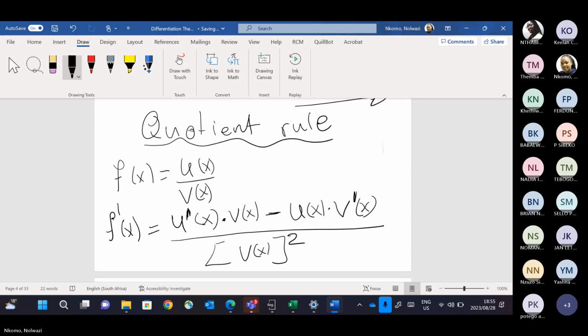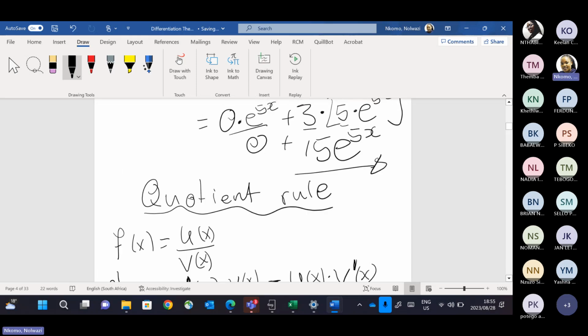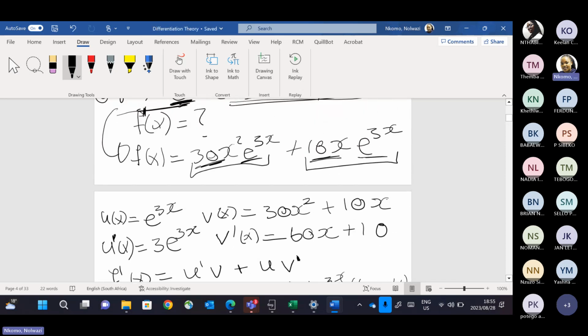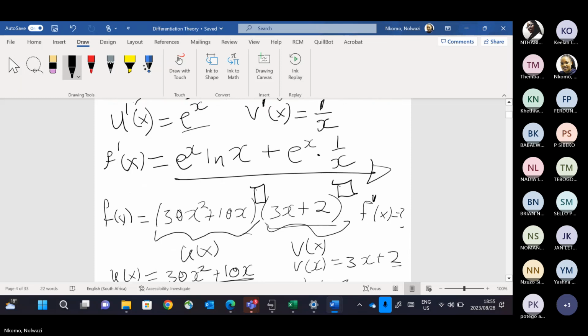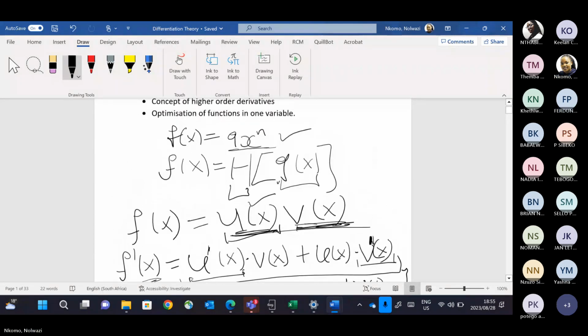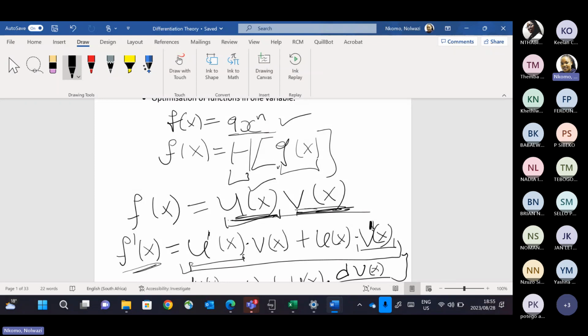Okay, remember, I want to go back to the product rule. Remember for a product rule, I said if you are given a product of two functions and you are asked to differentiate them, you can differentiate this first and then multiply this, plus you differentiate this, multiply by this.